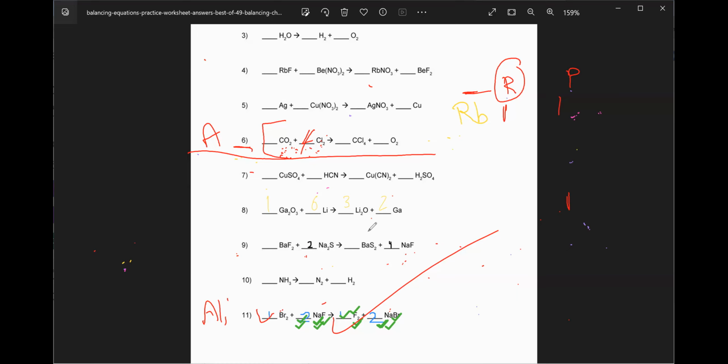We have 2 here. Just let me see. 2 sodium, 2 sodium. 2 F, 2 F is good. Barium, barium. F2, F2. Sodium 2, sodium 2. Sulfur 1, here the sulfur. Because of it, I put this 2 in front. Okay, and then I will repeat. It will be here 4.